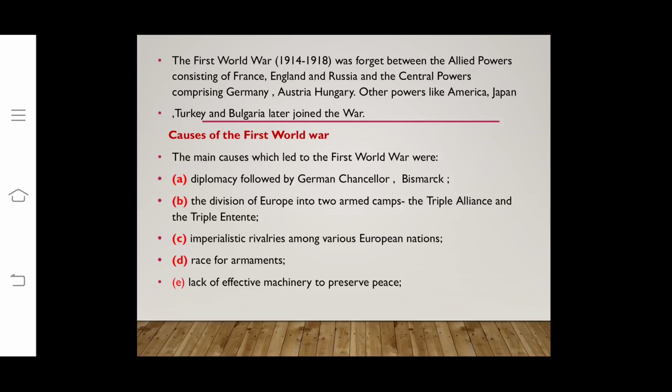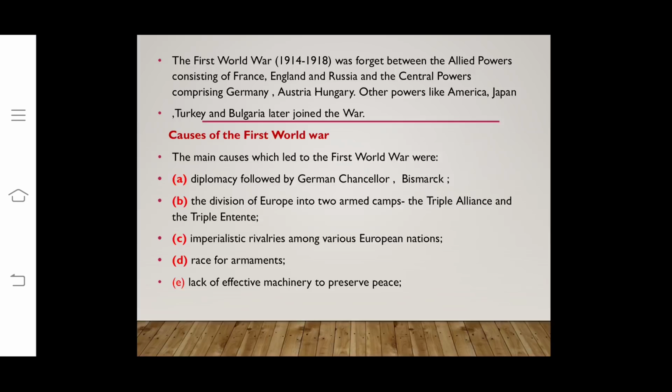The Austria-Hungary Empire was ruled by the Habsburg dynasty of Austria and included in its territory Hungarian, Serb, Bosnian, and Croat populations who spoke different languages and had different cultural traditions. The Russian Empire included territories populated by Polish, Ukrainian, Turkish, and Mongol populations.